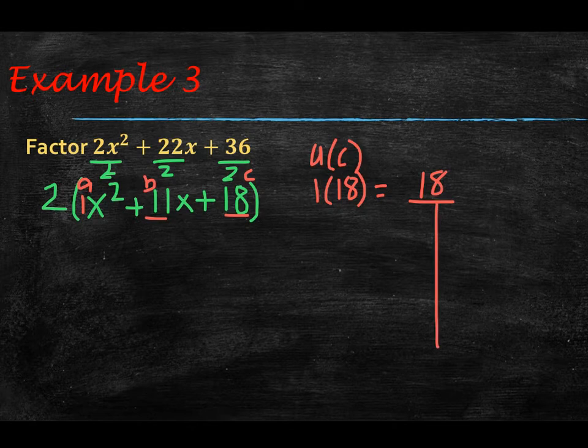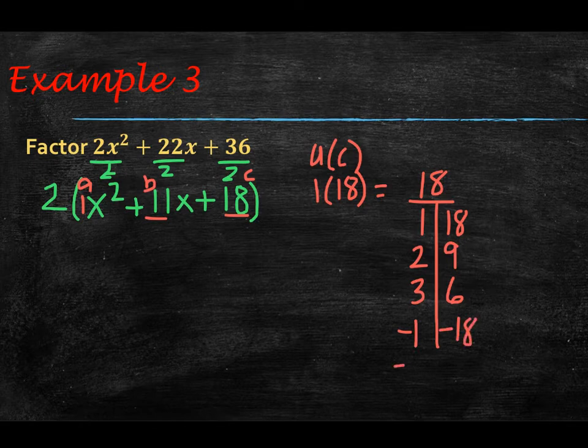List your factors of 18, 1 times 18, 2 times 9, and 3 times 6. 4 does not go into 18, neither does 5, and so that's it. Now we also have our negatives, so negative 1, negative 18, negative 2, negative 9, and negative 3 times negative 6.